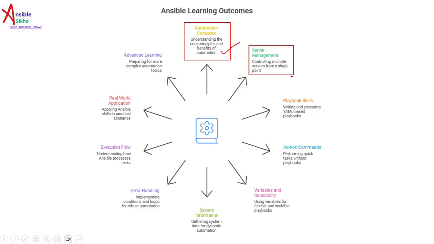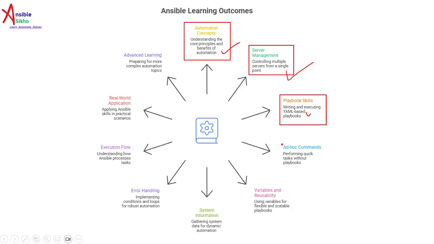Server management: controlling multiple servers from a single point, you will be able to do that after completing this course. Playbook skills: you will have complete playbook skills, writing from simple to complex level. Since it is YAML based, it is very easy to read, write, and understand.